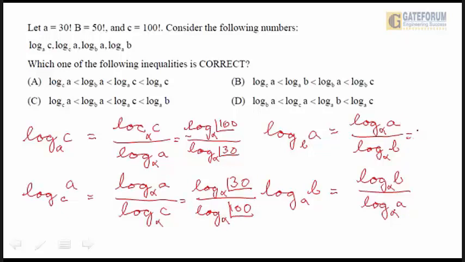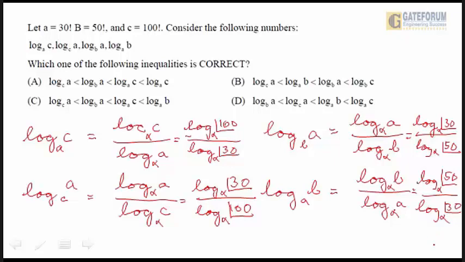And this would be log of A, which is 30 factorial, base alpha divided by B. What is B? B is 50. So log of 50 factorial base alpha, and this would be the reverse: log of 50 factorial base alpha by log of, oh, A is 30, sorry. So 30 by this.